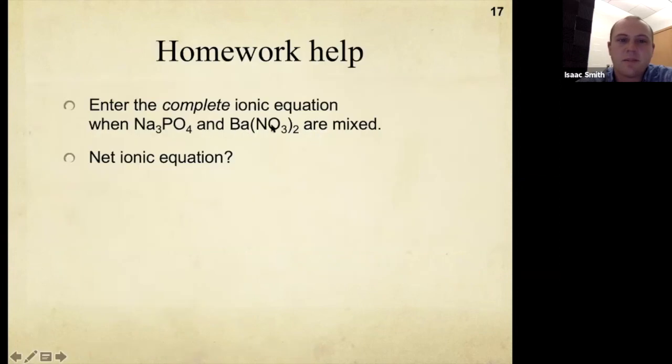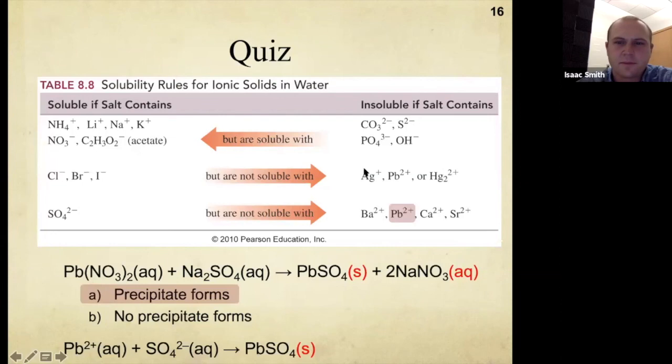And then barium nitrate was the next one. Barium isn't really on here, but nitrate is, and nitrate is soluble. There really are no exceptions for nitrate, so barium nitrate is soluble.